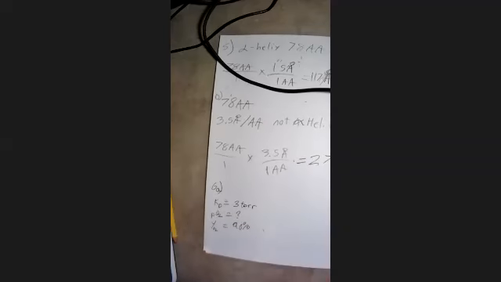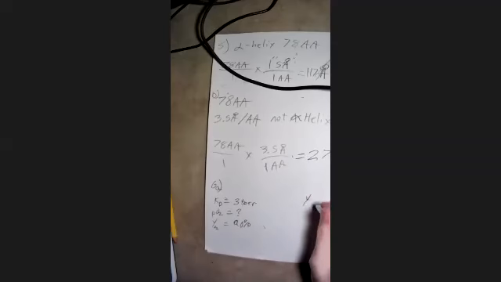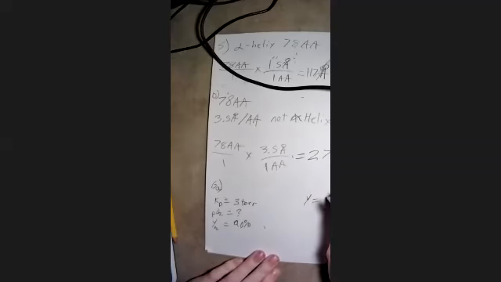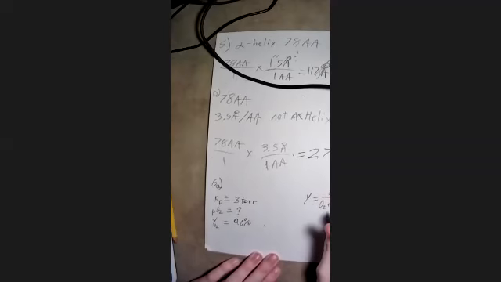All right, so we have this formula here. Y, the fraction bound, is equal to the concentration of O2 over the concentration of O2 plus the dissociation constant, right?